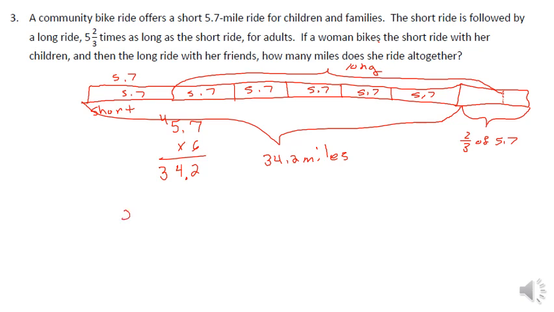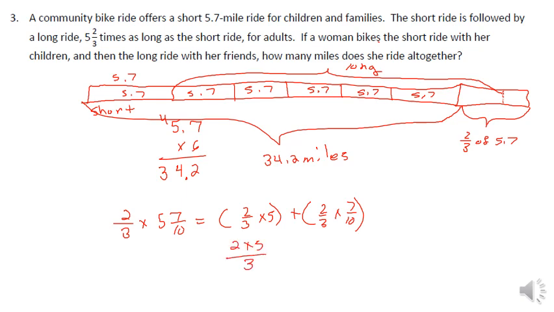So now I got 2/3 times 5, and I'm going to change the 7 to 7/10. And once again, I can change this to 2/3 times 5 plus 2/3 times 7/10, which is going to give me 2 times 5 over 3 plus 2 times 7 over 3 times 10.